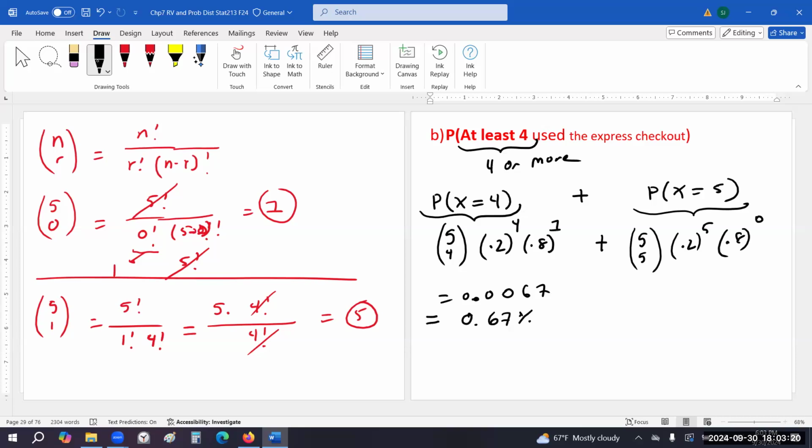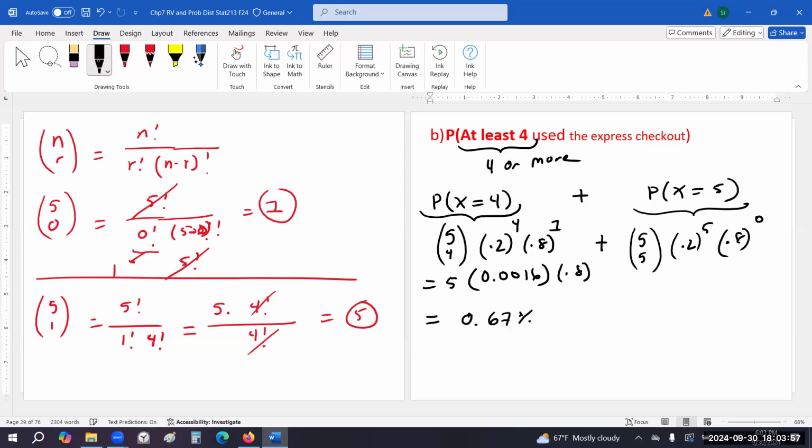So 5 choose 4 gives us 5. What is 0.2 to the power 4? 0.0016.